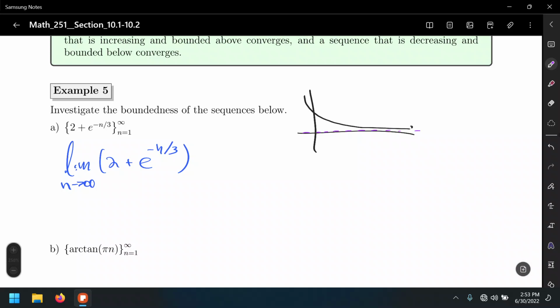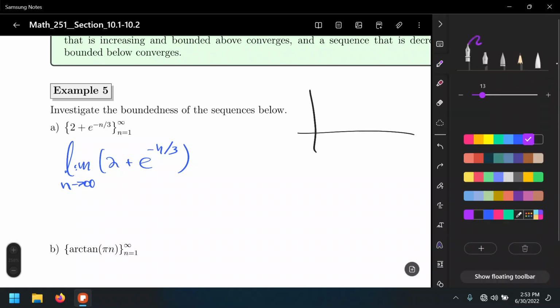But we rarely draw those asymptotes. So when we shift the graph of the exponential by 2 units, we also shift the location of that horizontal asymptote by 2 units.